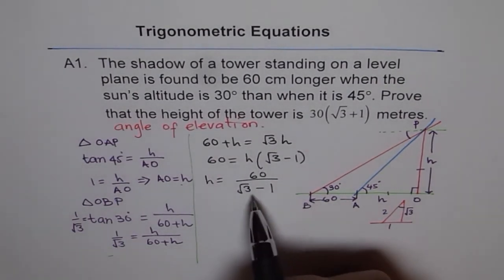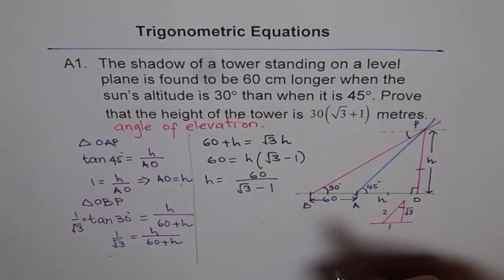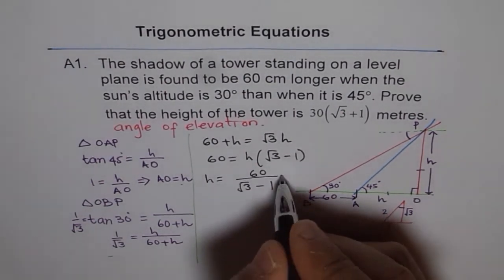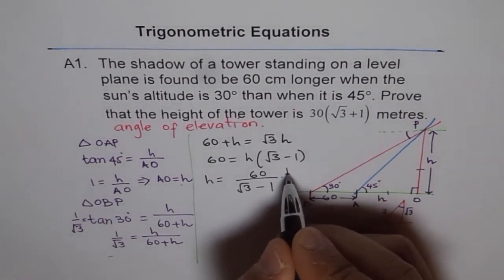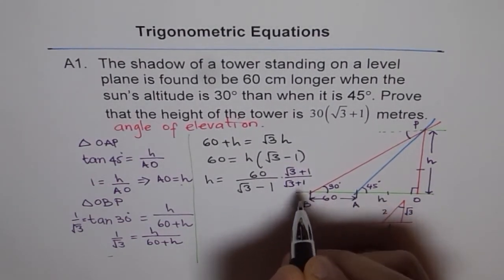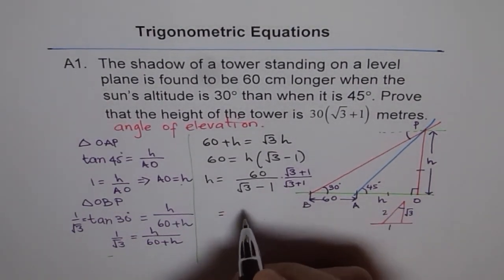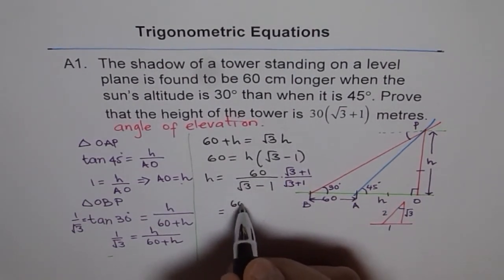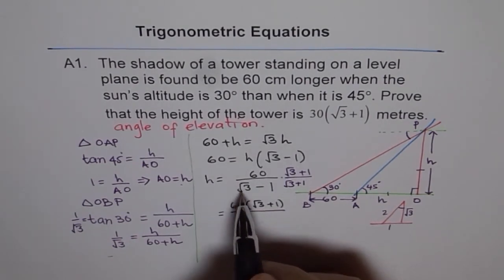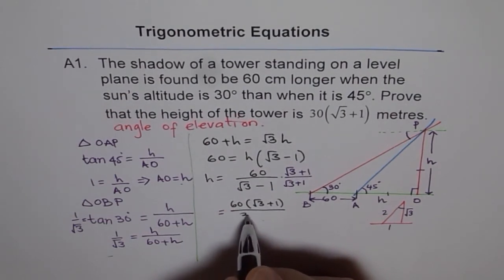Now we should rationalize it, right? So if you rationalize this, what do you get? Rationalization means that you multiply and divide by square root 3 plus 1, right? So we'll do that. Square root 3 plus 1 over square root 3 plus 1. That is rationalization, right? Now, I'm running out of space here, so we get 60 times (square root 3 plus 1) divided by, this is a minus b times a plus b, so we get a square minus b square, which is 3 minus 1, correct?